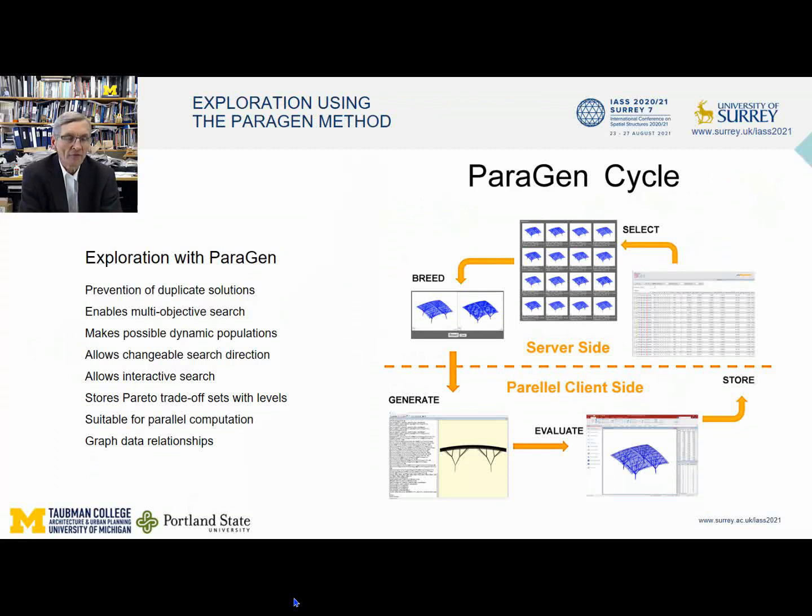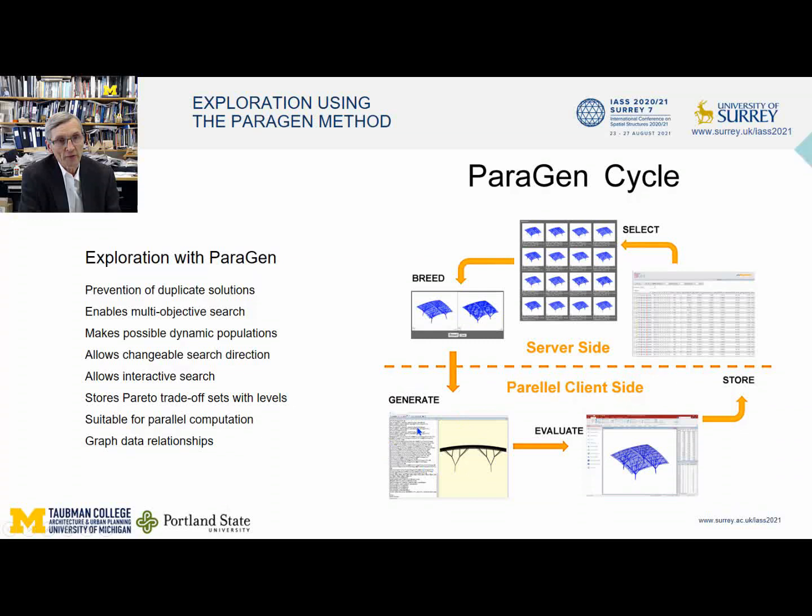ParaGen, I've presented at several IASS conferences in the past, but it's basically a cyclic exploration process that combines a SQL database, and it pulls solutions out of that database, forms a population from which it then uses a genetic algorithm to breed a pair of them, and it sends that child solution then, in this case, to Formian.